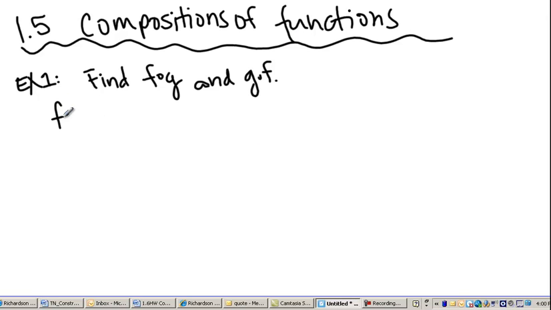Okay, so we've got f of x is x squared, and g of x is 2x plus 1.